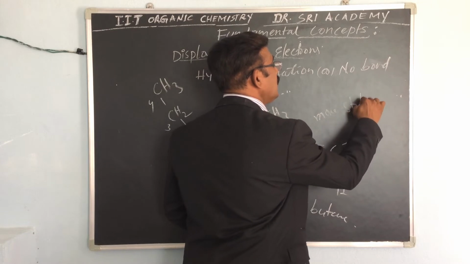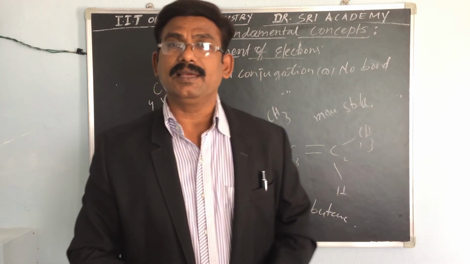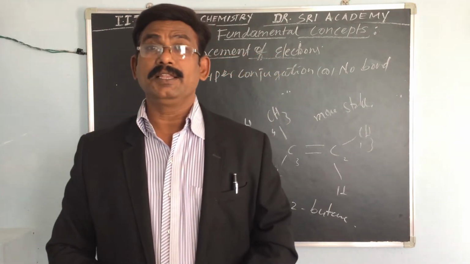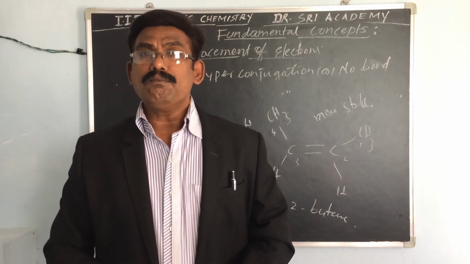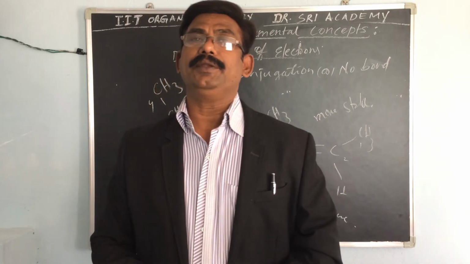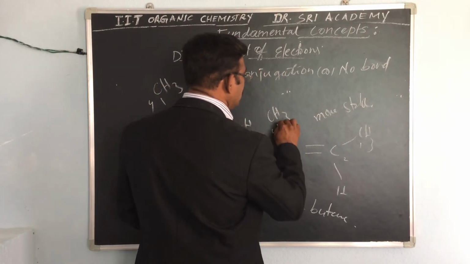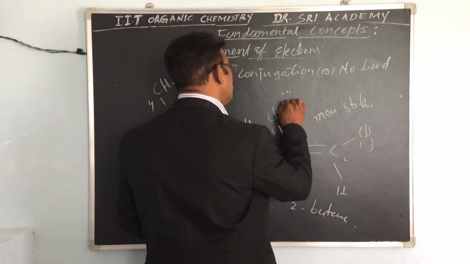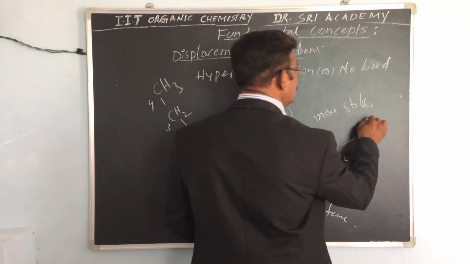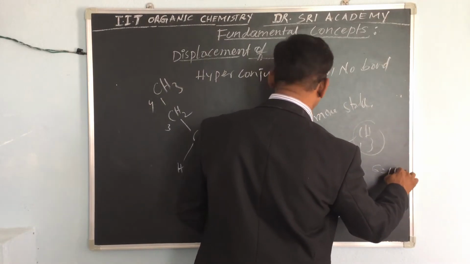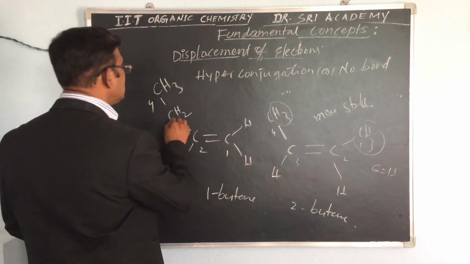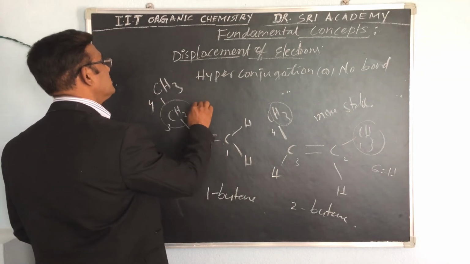The reason is 2-butene has more hydrogens. See this one, this carbon containing the methyl group means 3 hydrogens, and the other 3, total 6 hydrogens. Whereas in this CH2 group in 1-butene, only 2 hydrogens are there.